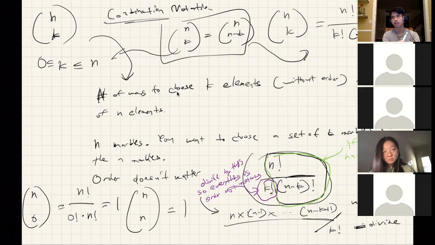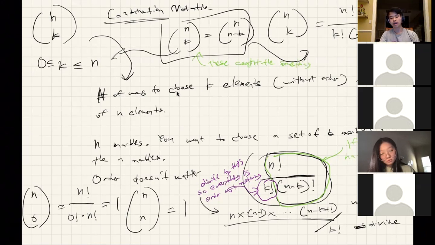But you can also think intuitively that it makes sense, because instead of choosing k elements out of n elements, an equivalent way of counting this would be to choose n minus k elements out of n, and then let our k element set be the set of elements that we didn't choose. So these count the same thing.